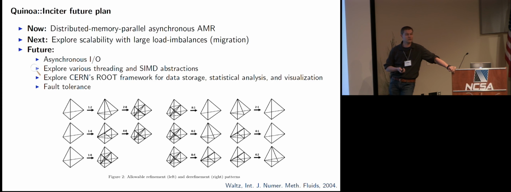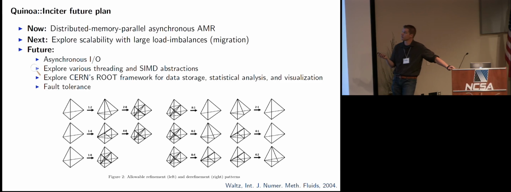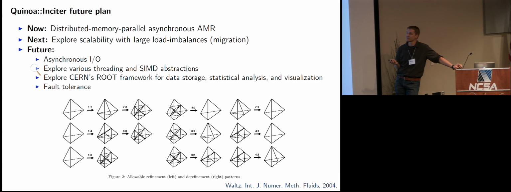And so we're getting ready to implement this in parallel. We started the AMR part separately so that we understand the algorithm, but we're getting ready to do this asynchronously and distributed memory parallel. And then here are different directions we are taking this. We want to do asynchronous I/O at some point, possibly CkIO, both read and write. And we always have summer students, and we explore various things.